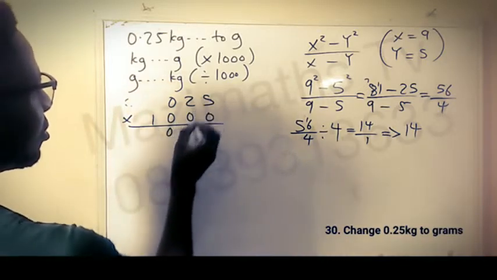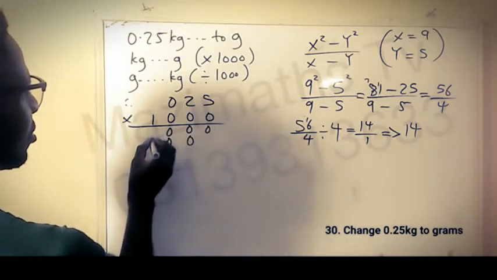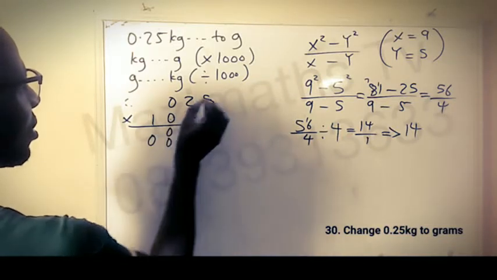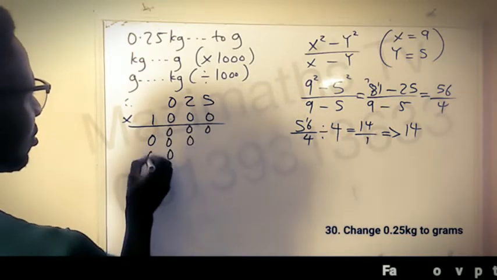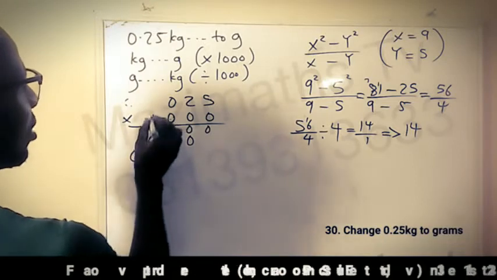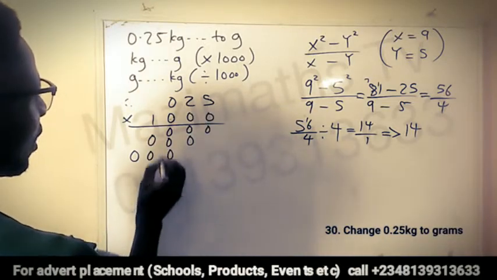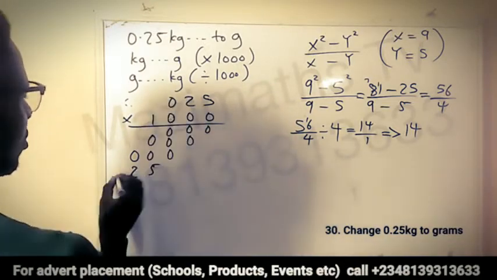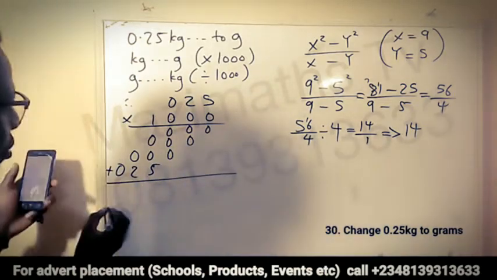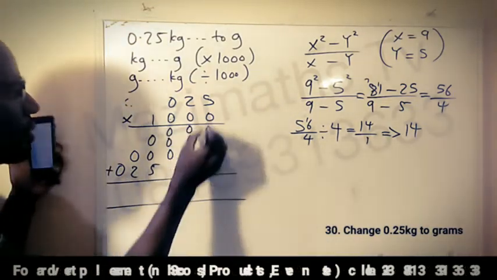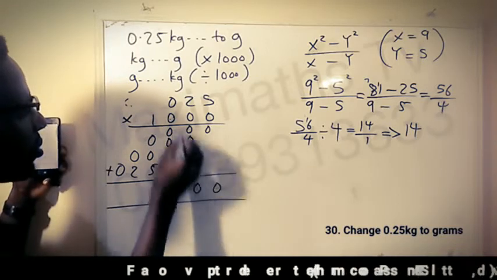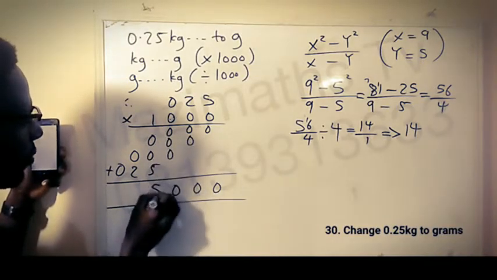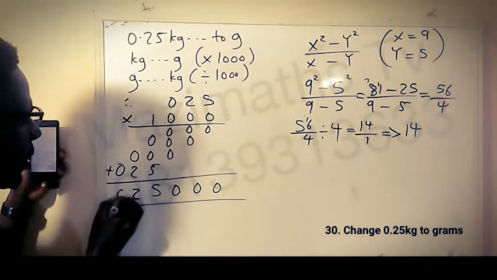Okay, 0 times this 0, 0 times this 0, 0 times this 0. Now what? 1 times 5, 5. 1 times 2, 2. 1 times 0, 0. Now add together. Okay, now you have 0, 0, 0, 5, 2, and then 0.